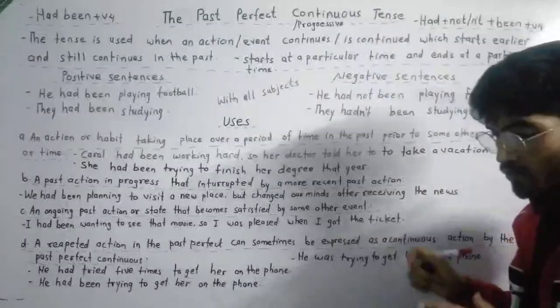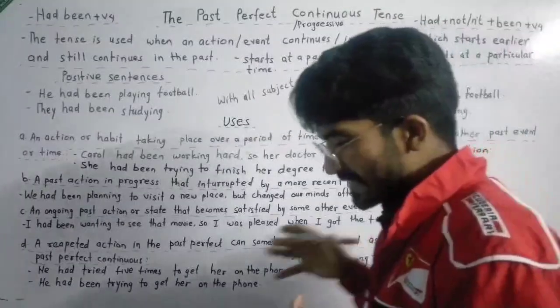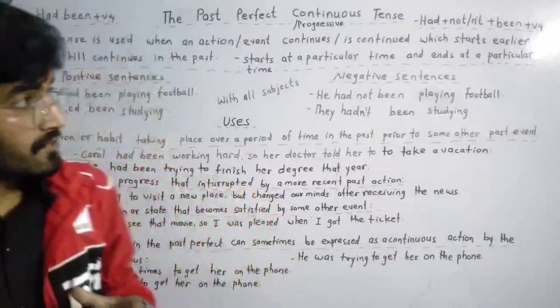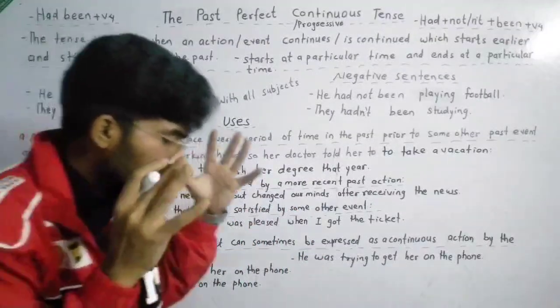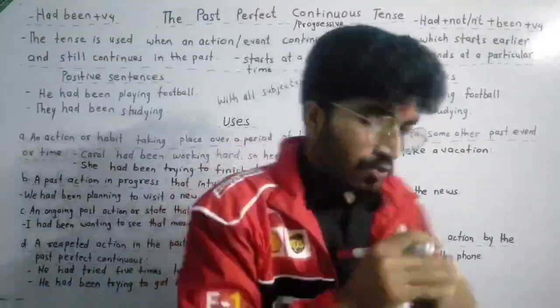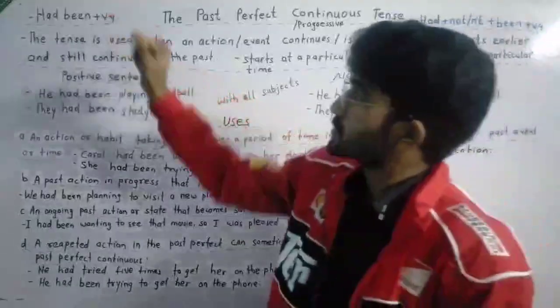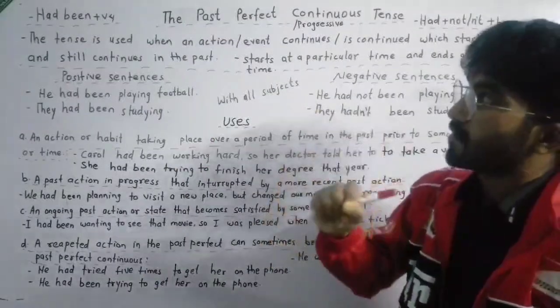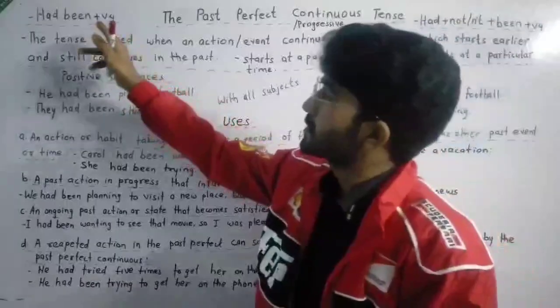So let's delve into its structure. Talking about its structure, basically we use had been plus verb form. Had been, we use two helping verbs, had been plus verb form.